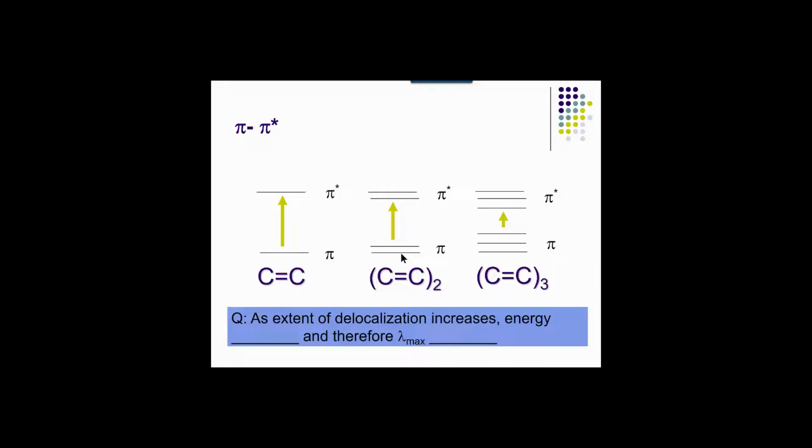The net effect is to decrease the energy gap as we increase the number of double bonds. By the time you hit hexatriene, the lambda max ends up being as far out as about 260 nanometers.